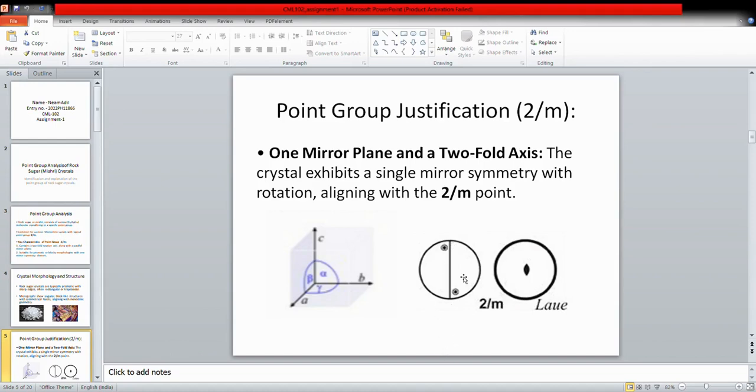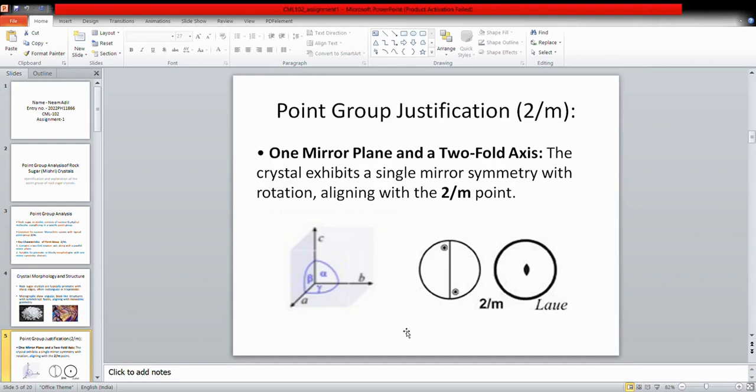This can be understood this way, that these solid dots signify lattice points above this plane, and these hollow dots signify lattice points below this plane. So here, this is the stereographic projection of 2/m, and this is the Loewe projection.